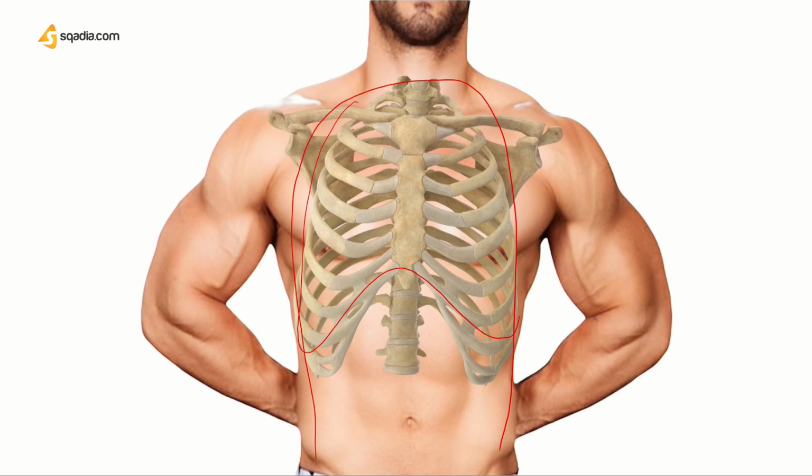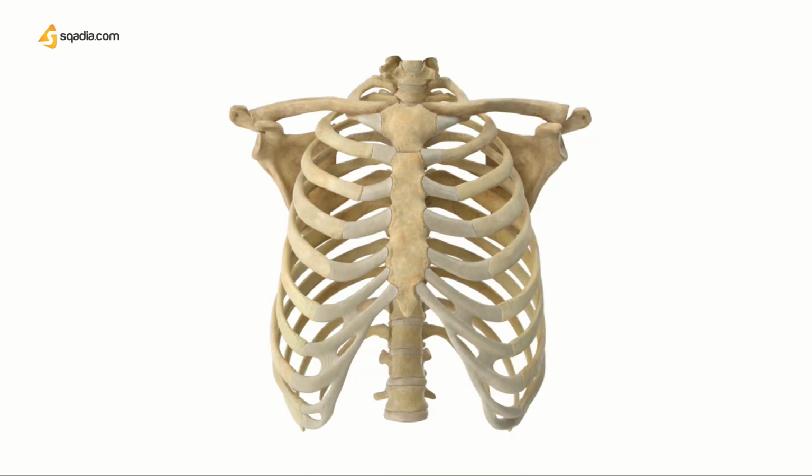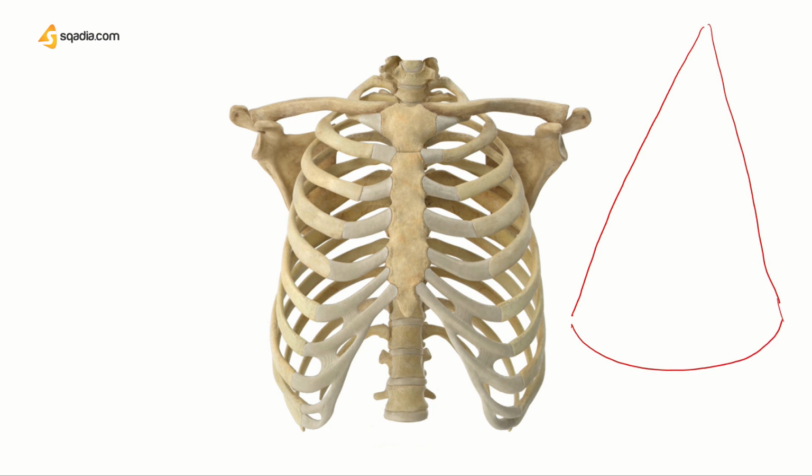Okay, so let's talk a little bit about the shape. Well, when we first see the thorax just by itself, it looks like a truncated cone. So this is our cone. Truncated means when you cut off the top. Now, what do we have left? Just this. And if you look at the front, we have a little bit of a snip here as well.